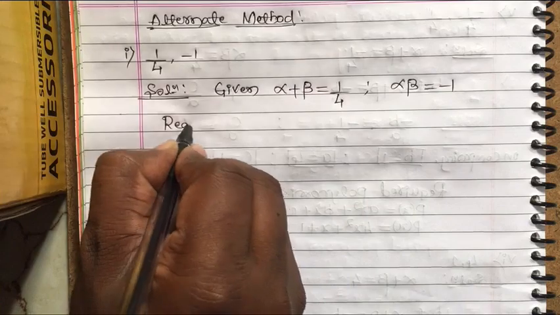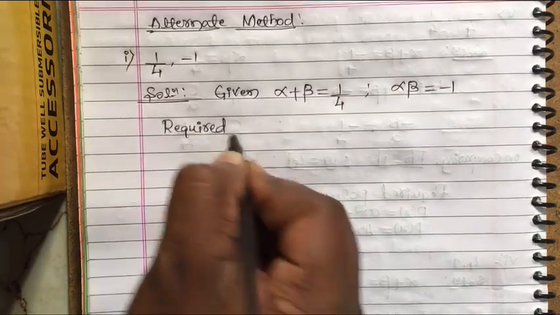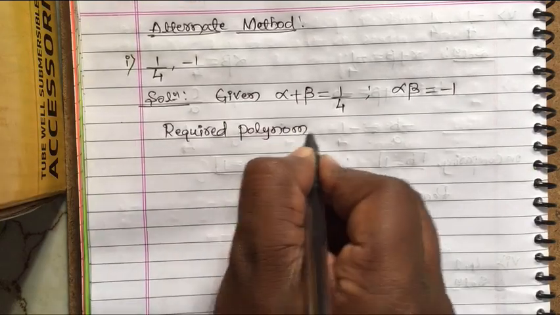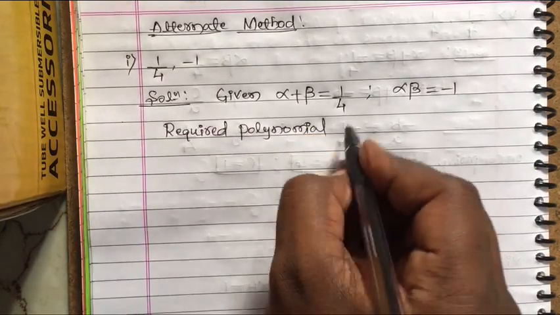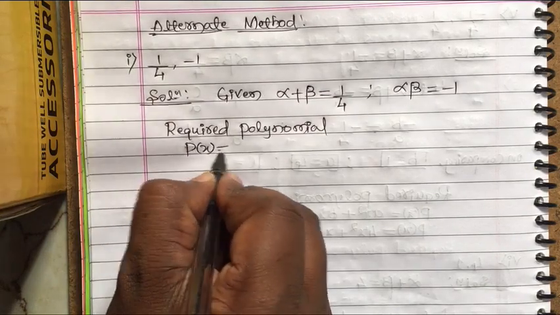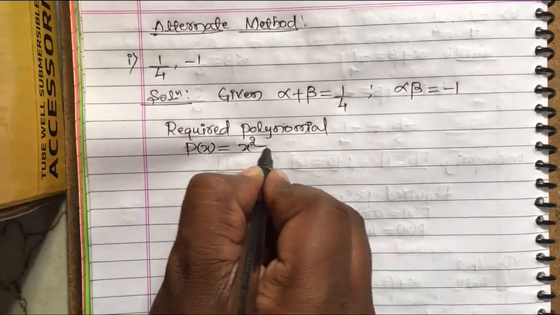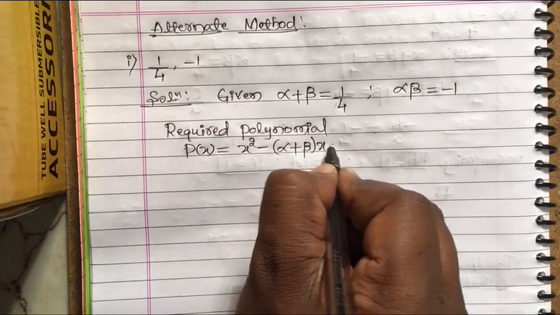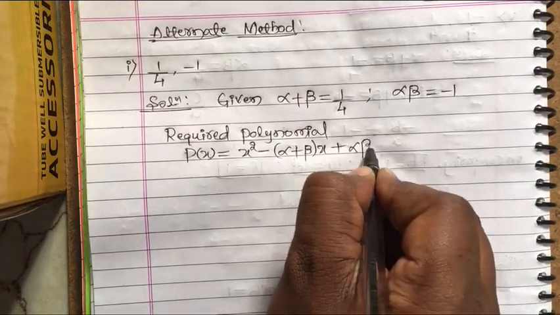So here the required polynomial p of x is equal to x square minus (alpha plus beta) x plus alpha beta.